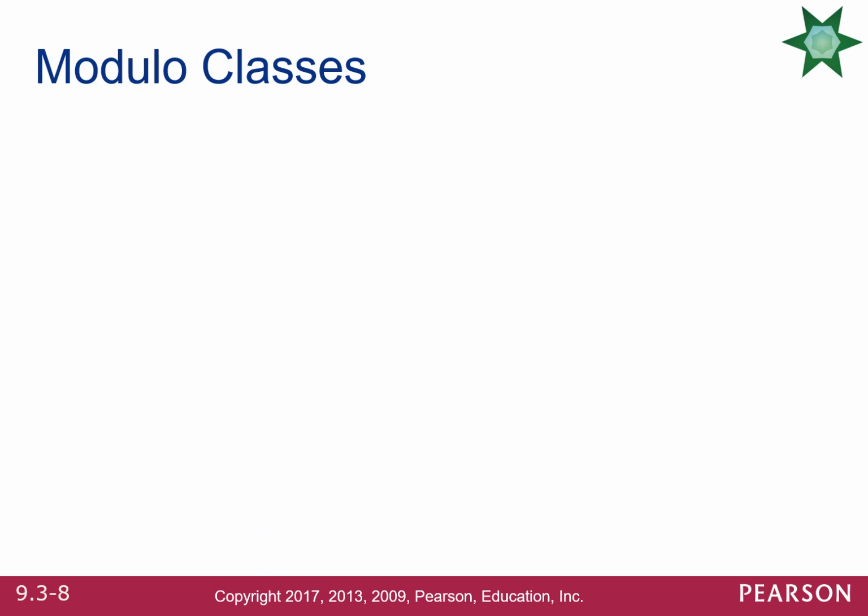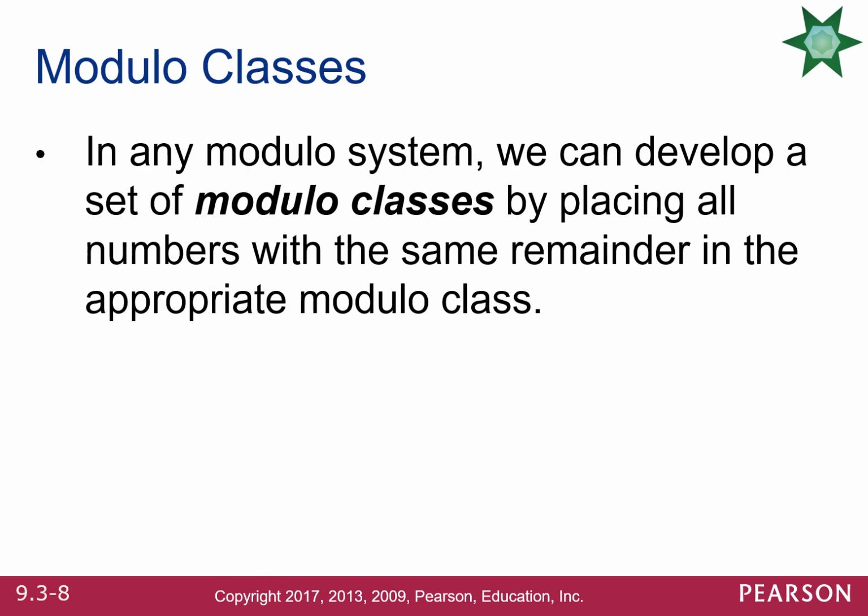Let's try to understand what a modulo class is. A modulo class is just a table where we list all the different numbers which, when divided by a certain m value, will have the same remainders. Let's say we are working with a mod 5 system. In a mod 5 system, the possible remainders that we can obtain by dividing any number by 5 would be from 0 to 4.